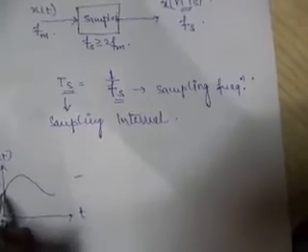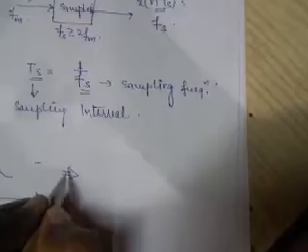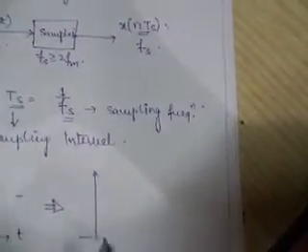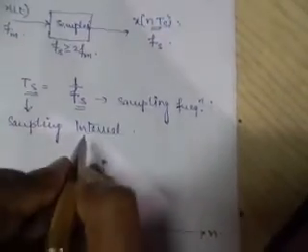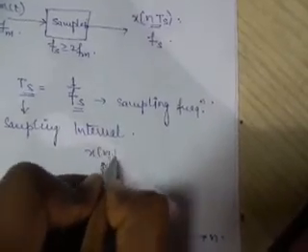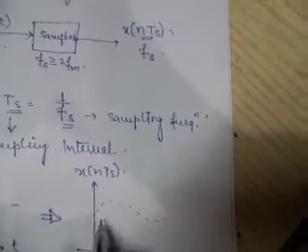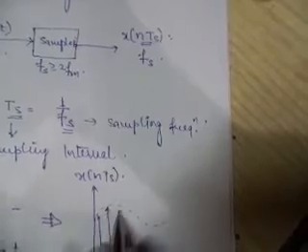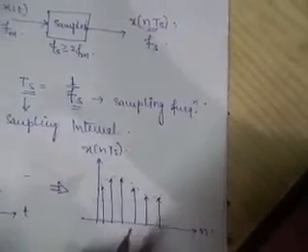Say this is signal x(t) which is to be sampled, and this signal will be sampled in the form like this. This is x(nTs), and we will get the same signal envelope with the samples taken at a frequency Fs.